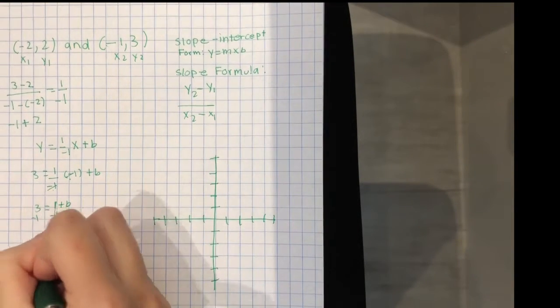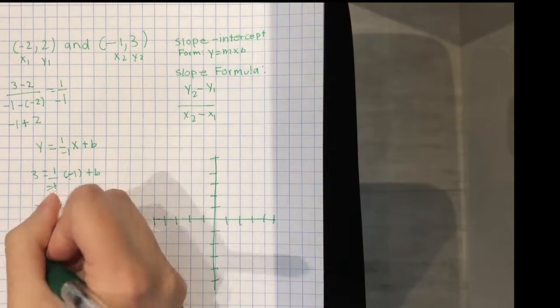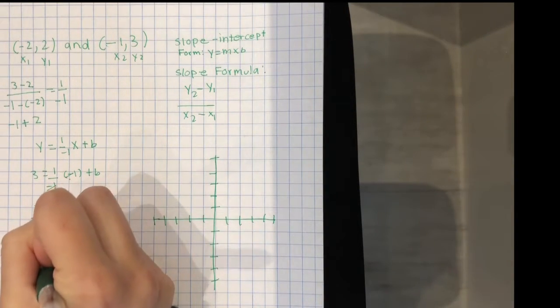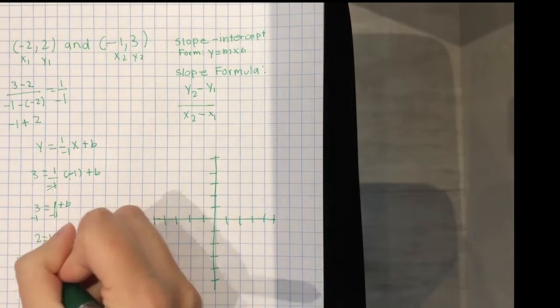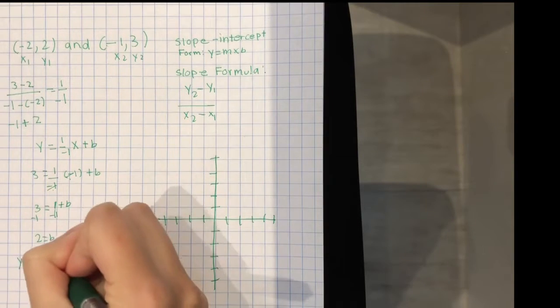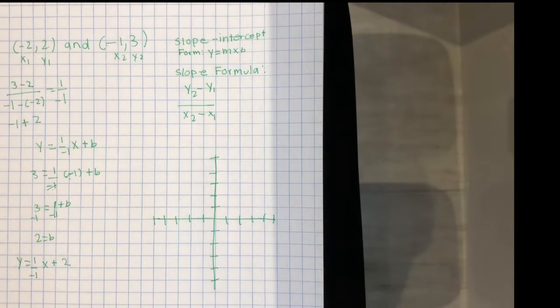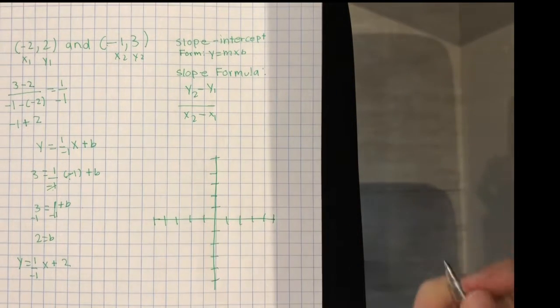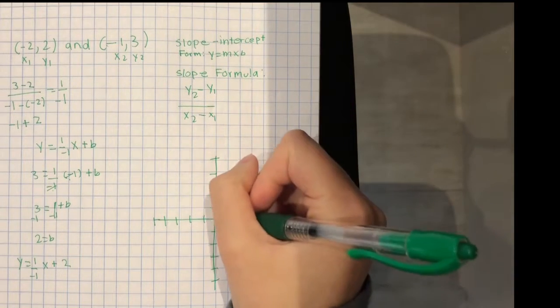So I have y equals negative 1x plus 2. When I graph that, which I'm going to do, our y-intercept is 2.